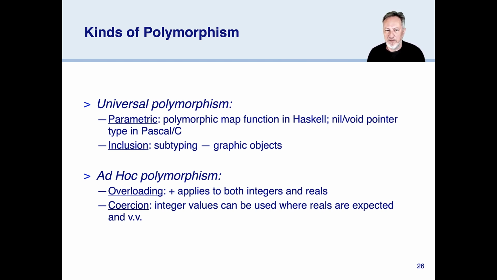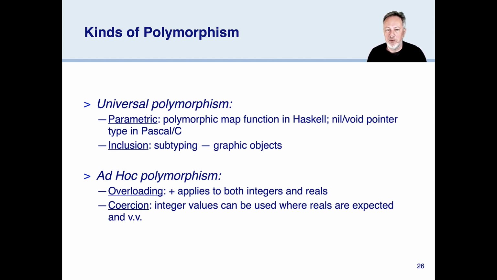I just want to briefly summarize that we can generally distinguish two classes of polymorphism. There's universal and ad hoc polymorphism. Universal polymorphism is called universal because for a given function or entity, the same thing will take different types of values. And with ad hoc polymorphism, it's more of a syntactic trick.